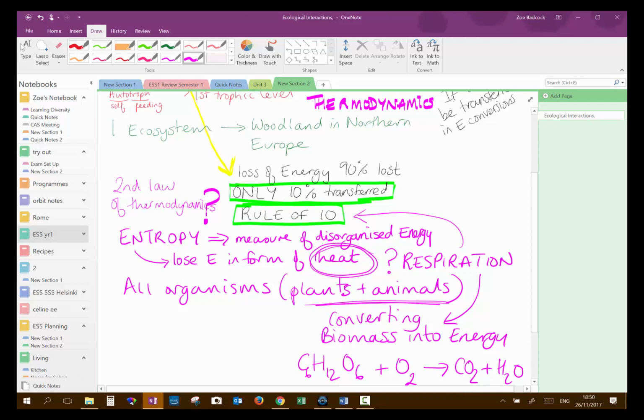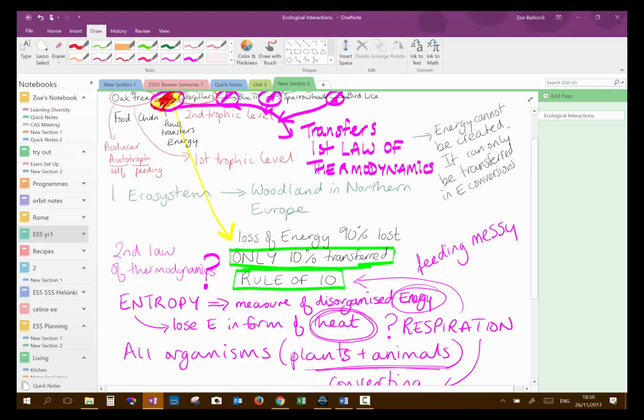But feeding is often messy. Okay? If you think about your plate of food, you might not eat all the food on your plate. You might eat it all, but say I'm using this as a metaphor and you don't eat all the food, so you're already losing some energy. Okay? But imagine what have we got?